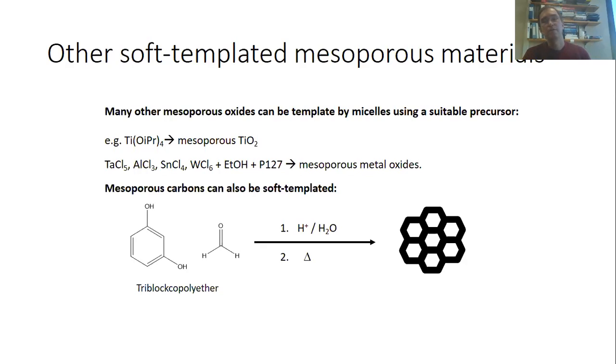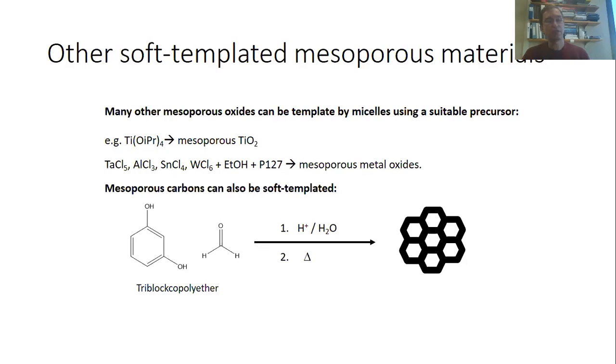Okay, so when you heat your composite material made of that mesostructured formaldehyde resin and your template, then your template disintegrates into small molecular fragments, while your formaldehyde resin carbonizes.